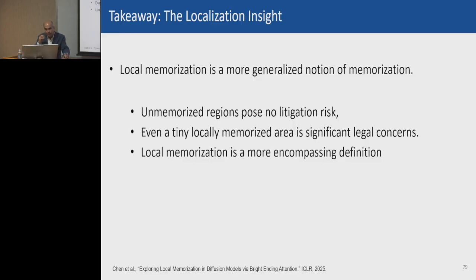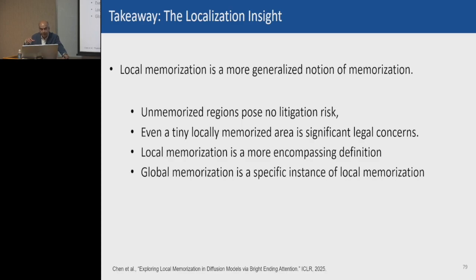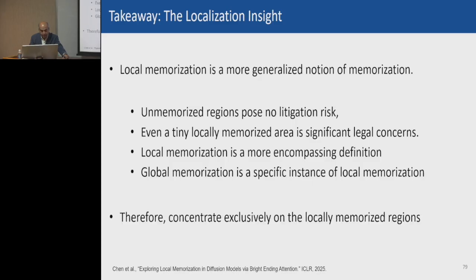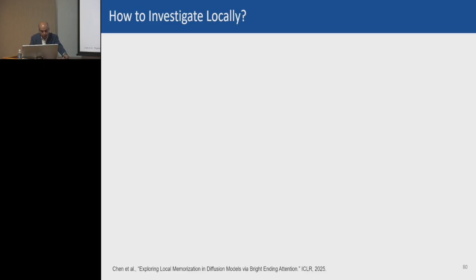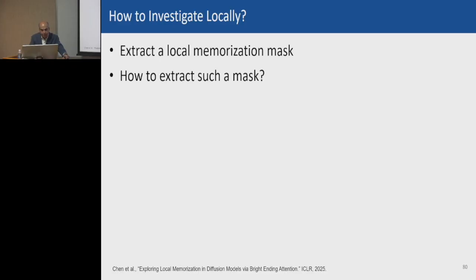So local memorization is more general in a way, because global memorization will be a specific case of that, right? So that's why we are focusing on local memorization, how to fix this problem. The idea is that we want to extract some kind of mask where for each pixel we know the level of memorization. So the next question is how to extract this mask.